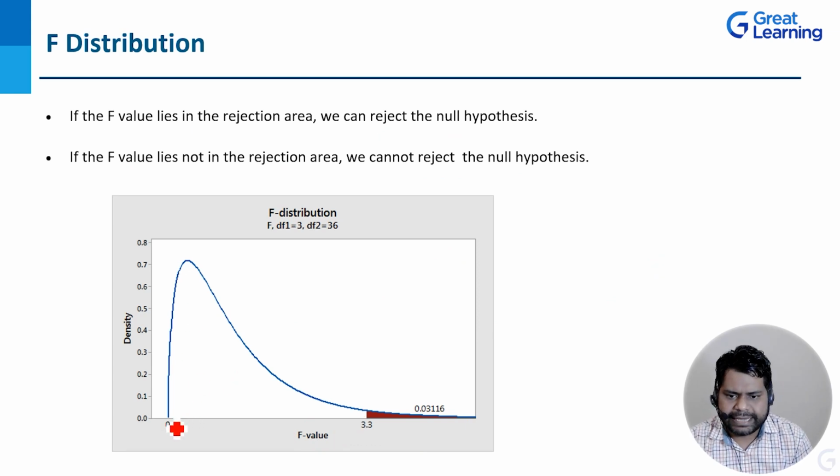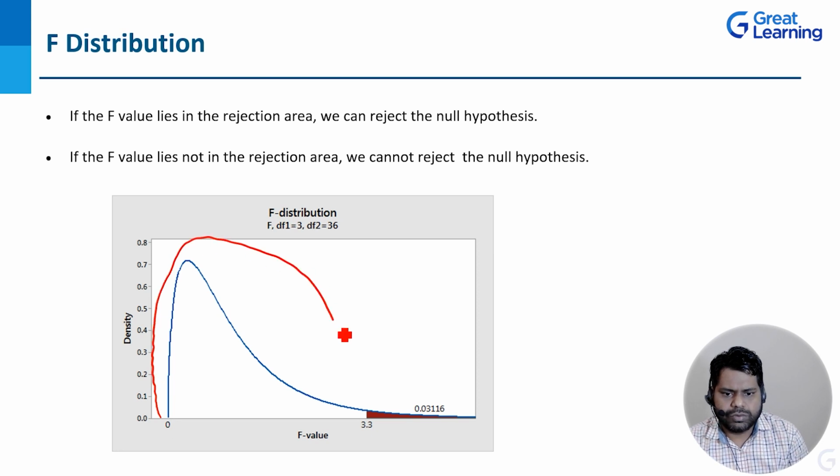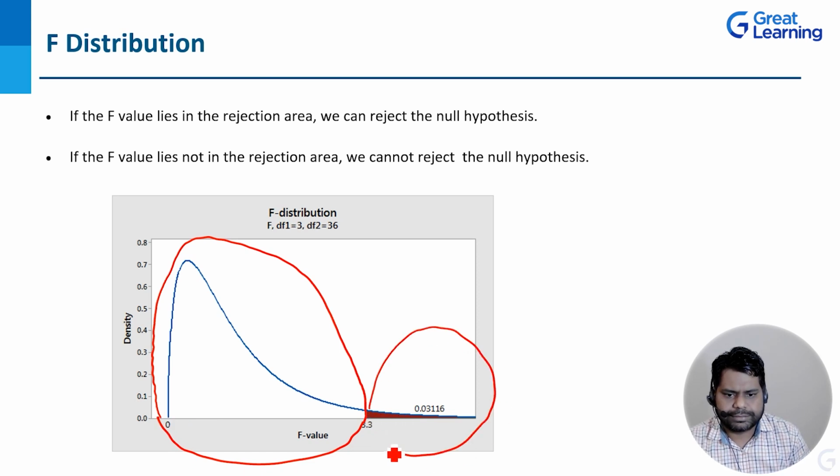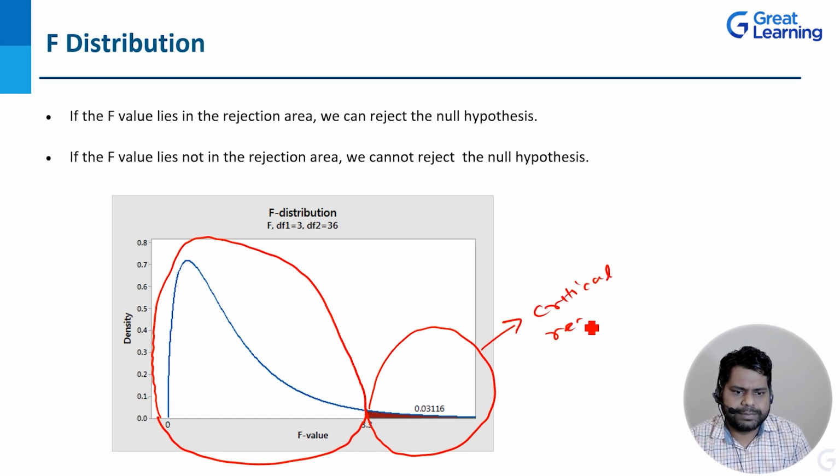So from this diagram, what we can say, whenever we plot the F statistic values, what do we get? We get two regions. One is this and the other one is this. So this region is known as the critical region.